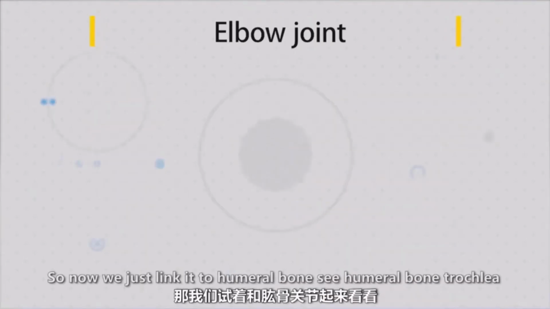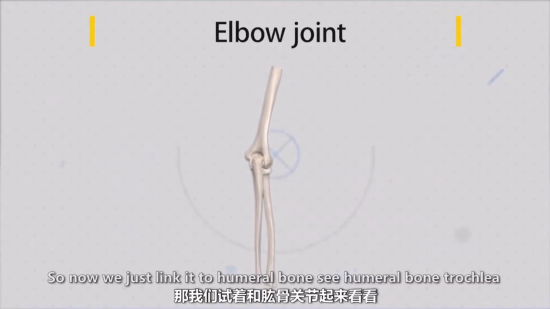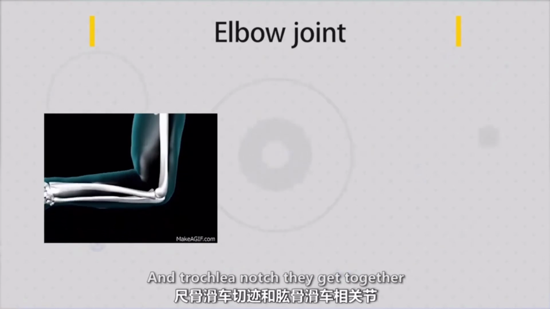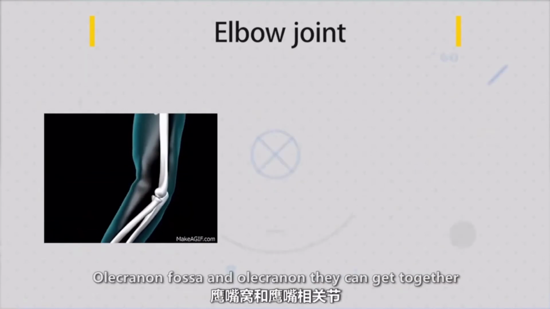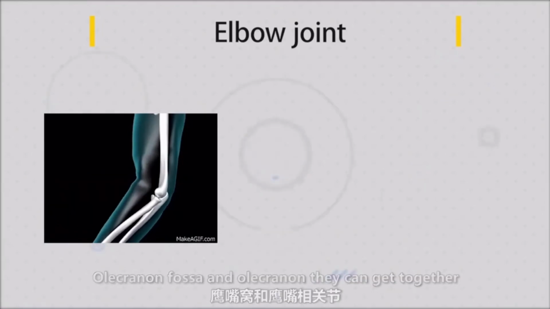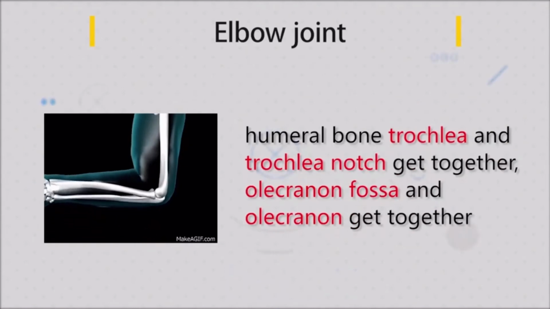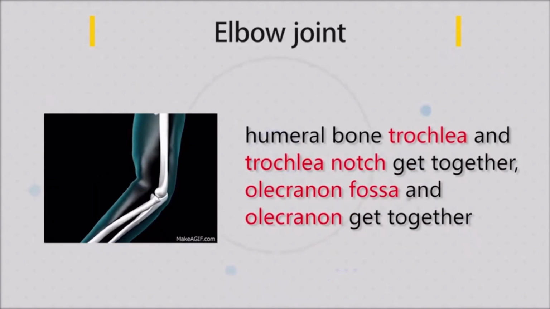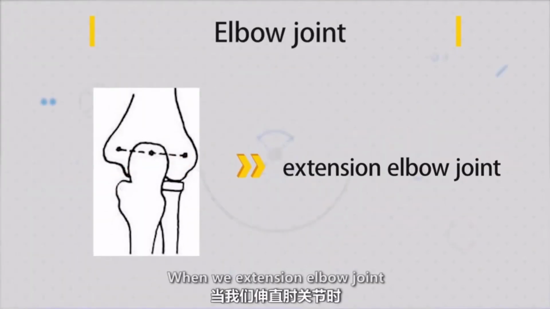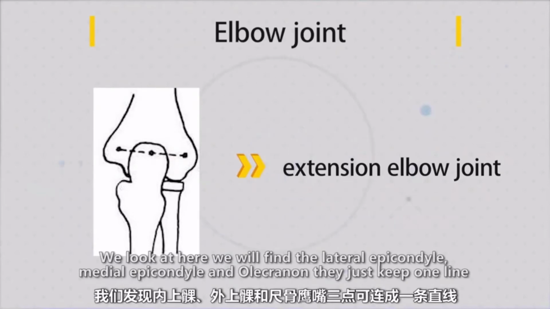Now we link it to the humeral bone. See? Humeral bone. The trochlea and the trochlear notch get together. The olecranon fossa and the coronoid fossa also get together. When we extend the elbow joint and look here, we will find the lateral epicondyle, the medial epicondyle, and the olecranon. They keep in one line.